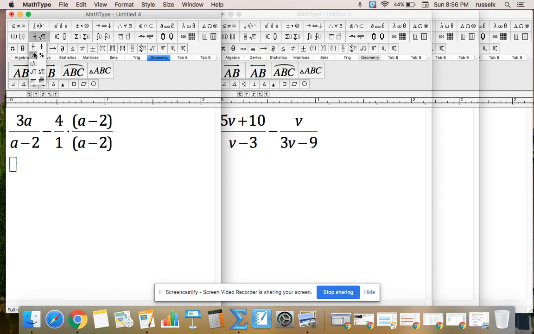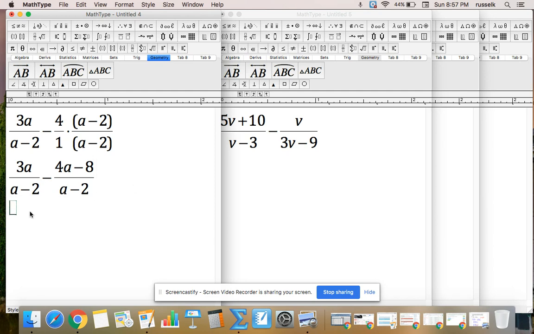We didn't do anything to the first fraction, so it's going to stay as 3a over a minus 2. Second fraction, we want to multiply the tops together, so we get 4 times a, which is 4a. 4 times the negative 2 when we distribute gives us minus 8. And then our bottom is just a minus 2.